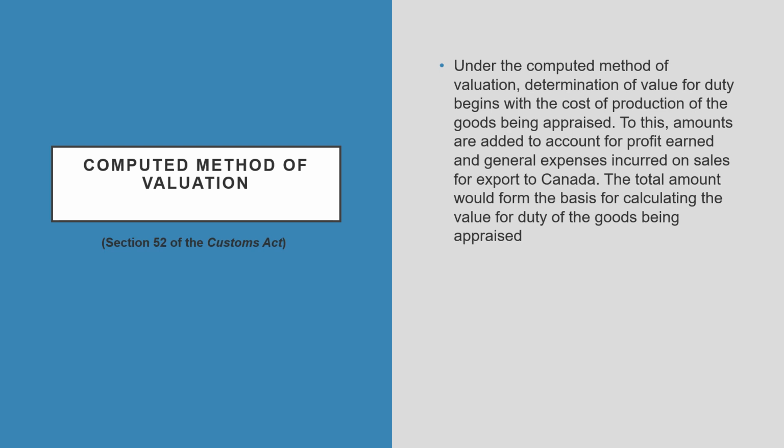So you're actually calculating or computing the cost first, and then you will add profits, and you will add any general expenses, and that's how you arrive at this computed method evaluation.